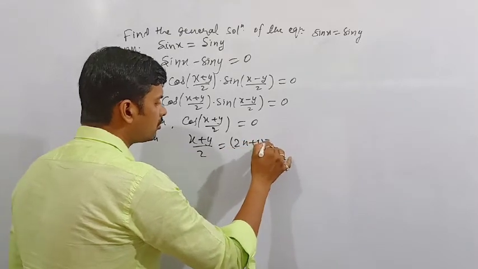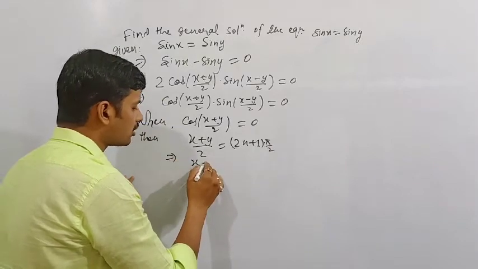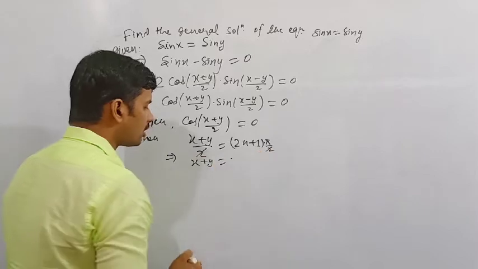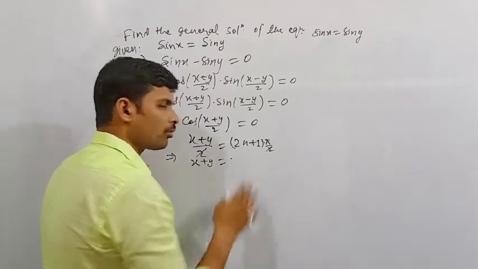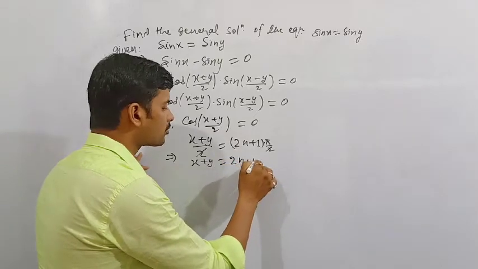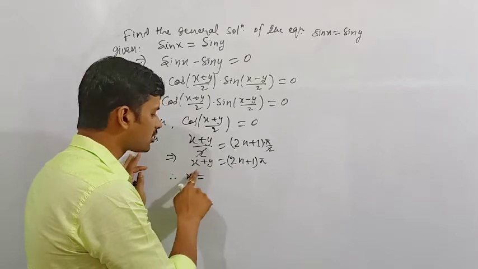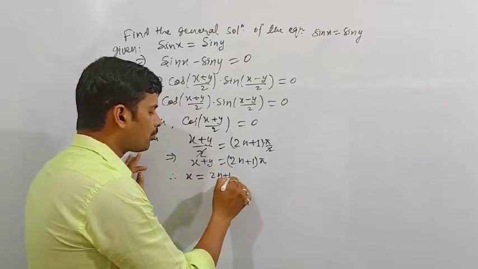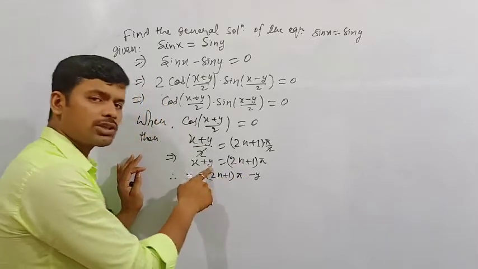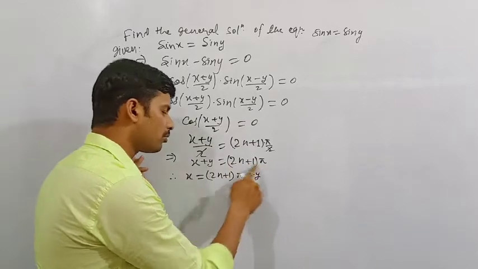In this way, after cancelling this 2 in the denominators of both sides, we have x plus y is equal to (2n plus 1) into pi simply, and in this way we can write x is equal to (2n plus 1) into pi minus y, after transposing y from LHS to the RHS.